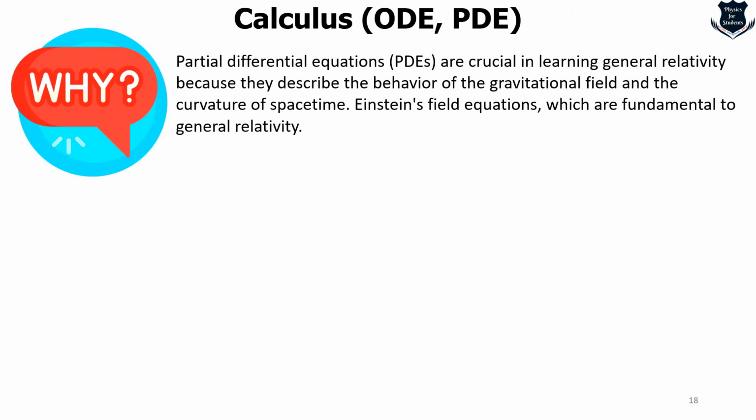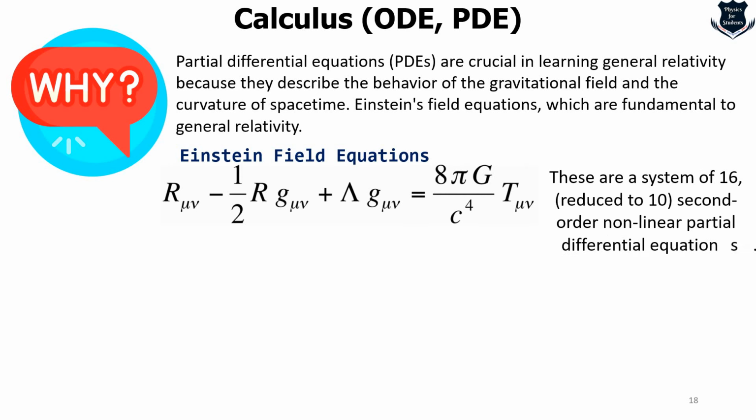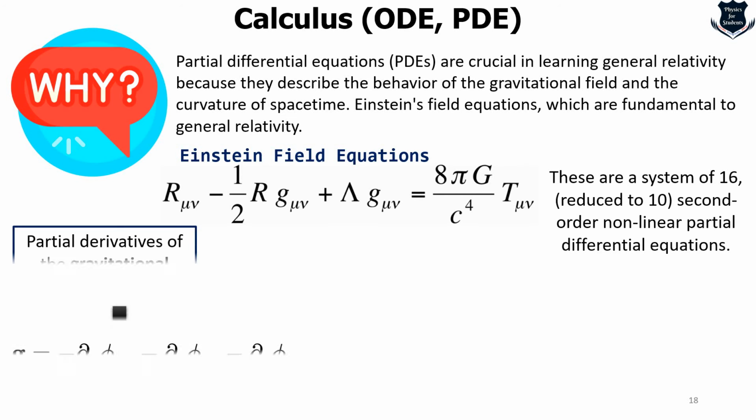Now remember that when you're learning the general theory of relativity, you need to learn more of the partial differential equations. The reason is that partial differential equations mean there is more than one variable, and obviously general relativity deals with space-time, that is 3 coordinates and 1 time, so it deals with partial differential equations. The Einstein field equations are the biggest example. It is 16 second order nonlinear differential equations which are reduced to 10.